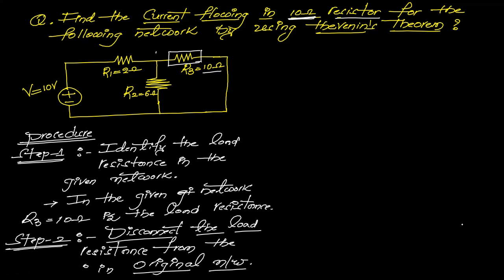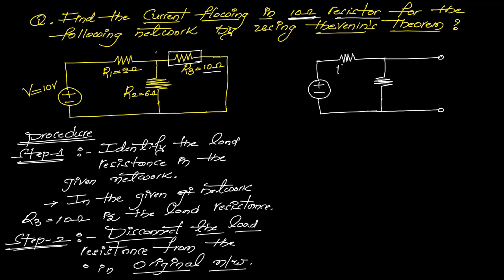Now if you disconnect the load resistance from the original network, the network becomes like this. Just see here. We are disconnecting this particular load resistance. So R1 is equal to 2 ohms, R2 is equal to 6 ohms, applied voltage V is equal to 10 volts.